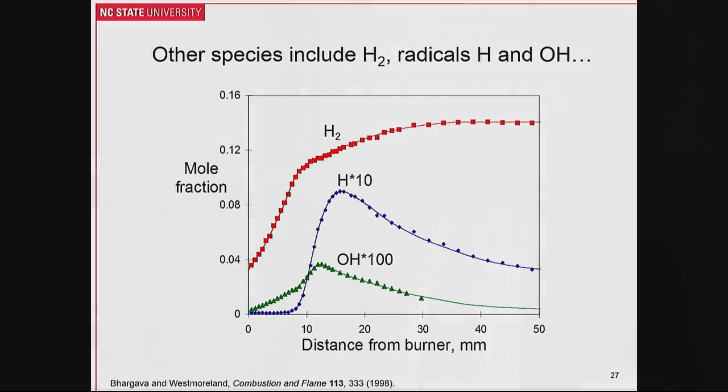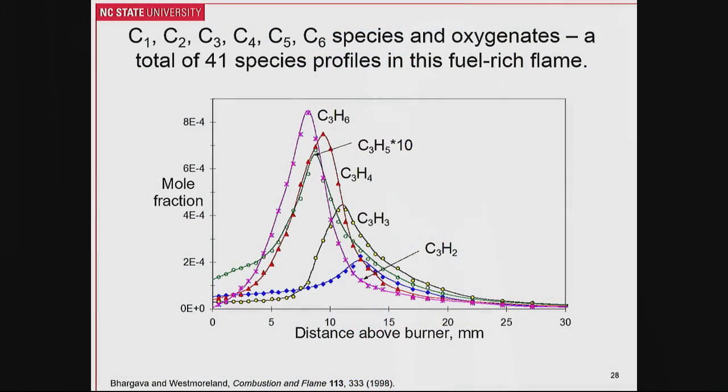In fact, for many species, here are just the C3s, because C3H3 has been strongly linked to making aromatic pollutants, soot, if you will. In this particular flame, 41 species with the old instrument that we had.